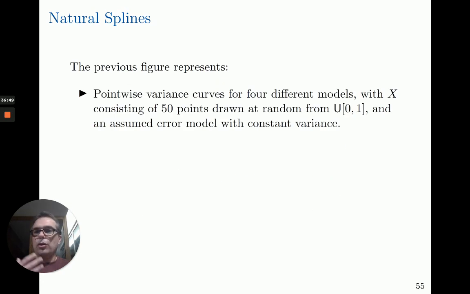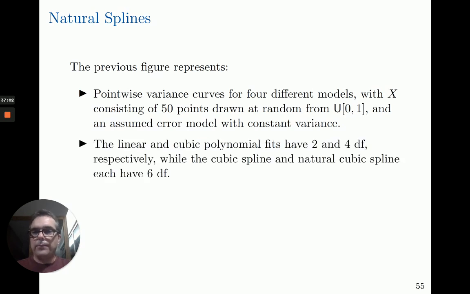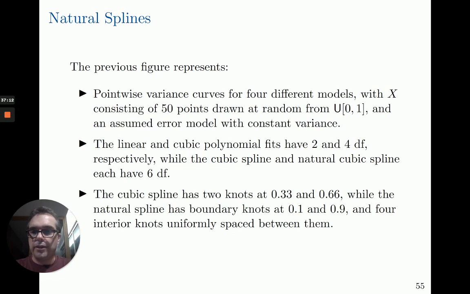The figure represents the pointwise variance curves for 4 different models, with X consisting of 50 points drawn from a uniform random variable between 0 and 1. The linear and cubic polynomial fits have 2 and 4 degrees of freedom respectively, while the cubic spline and natural cubic spline have 6 degrees of freedom.